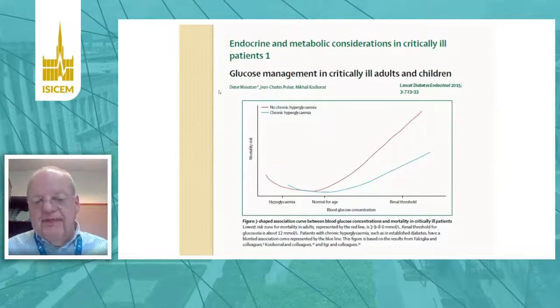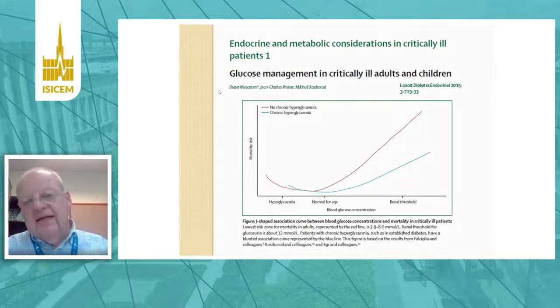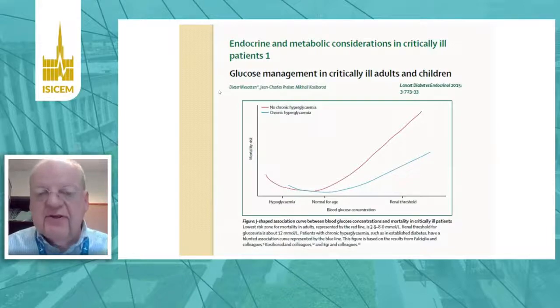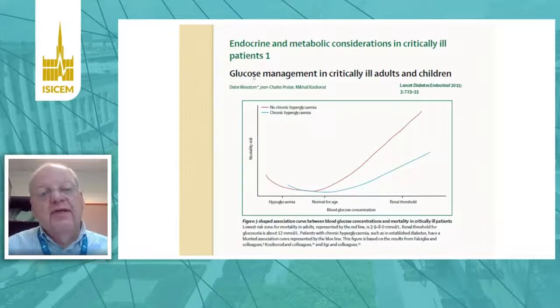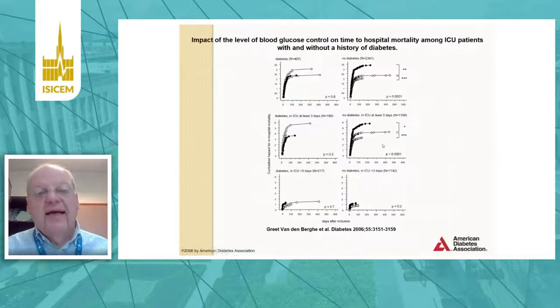When we reviewed this and pooled data from studies in children and in adults, we also found the same shift to the right and downward shift of this J curve according to the presence of chronic hyperglycemia, the blue line, or no chronic hyperglycemia, the red line.